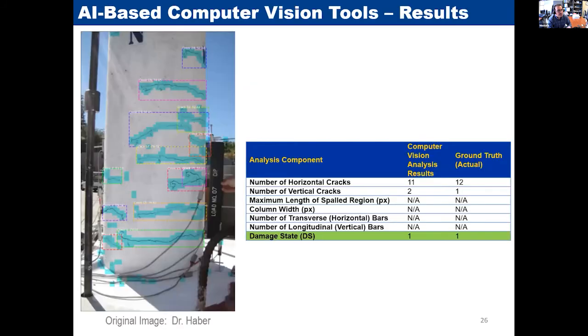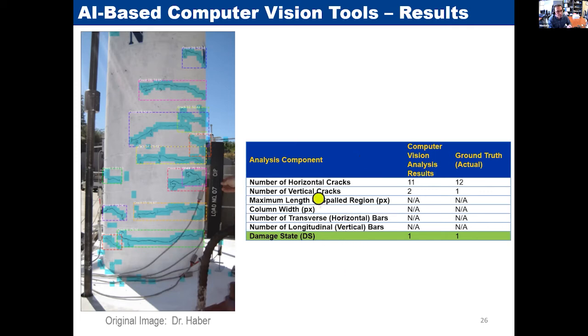And here are a few results of the computer vision tool. When you upload the picture, it will try to count the cracks for you. It will spit out the number of horizontal cracks and vertical cracks. If there is spalling in the picture, it will show you the area of it or maximum length of it, and how many transverse bars you have and how many longitudinal bars you have.